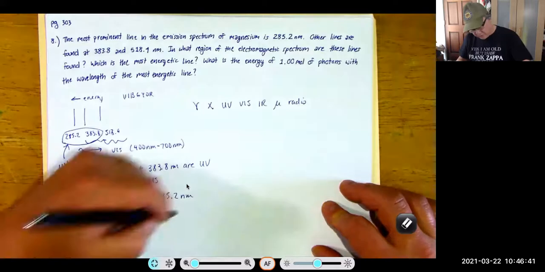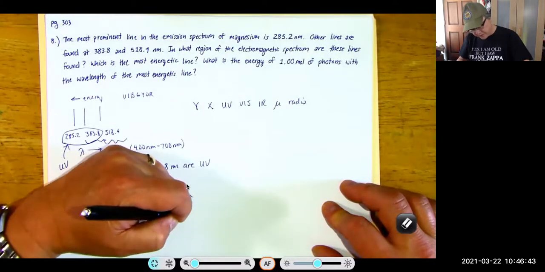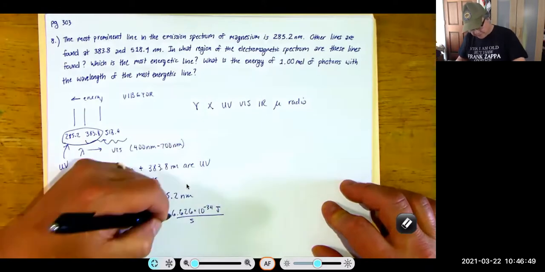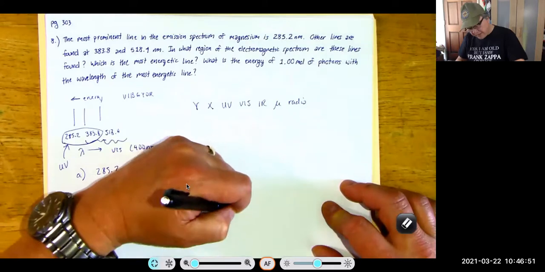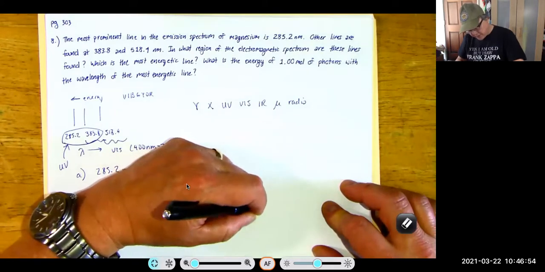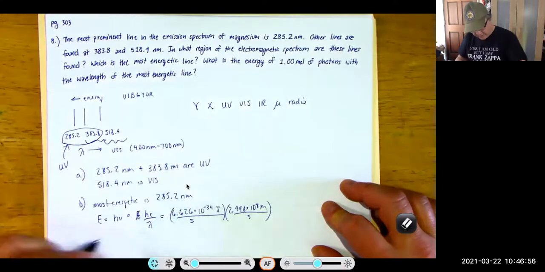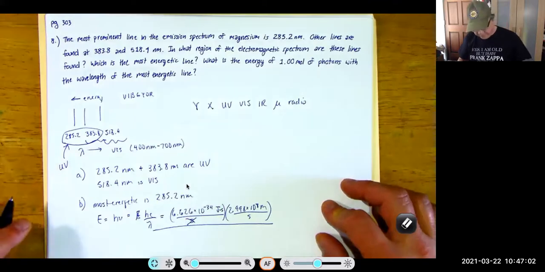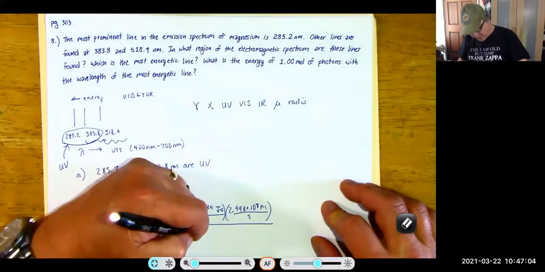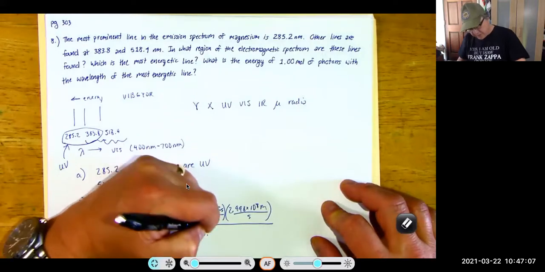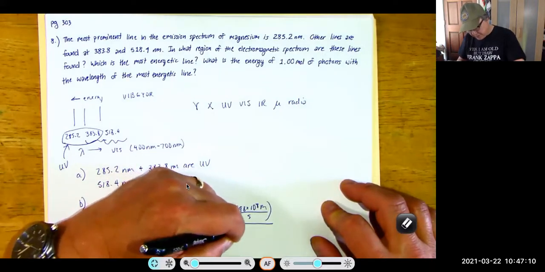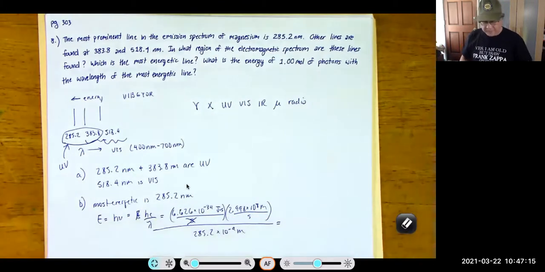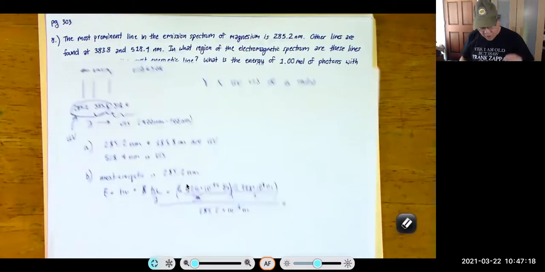So we can do this: 6.626 times 10 to the minus 34 joules seconds for h, 2.998 times 10 to the 8th meters per second for the speed of light. Oops, I made a mistake. This is joules seconds, not joules per second. And the wavelength is 285.2 times 10 to the minus 9 meters. Okay, so the meters cancel, the seconds cancel, and we'll be left with joules. So that's the energy of one photon.